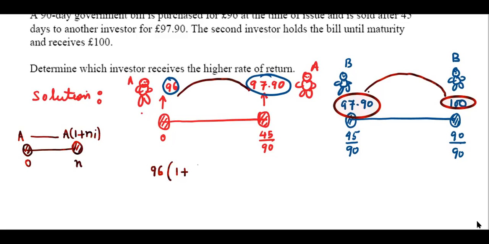So 96 into 1 plus, this is n here, 45 divided by 365. In years we are writing, right? 45 days means 45 divided by 365. In terms of years, we always write.